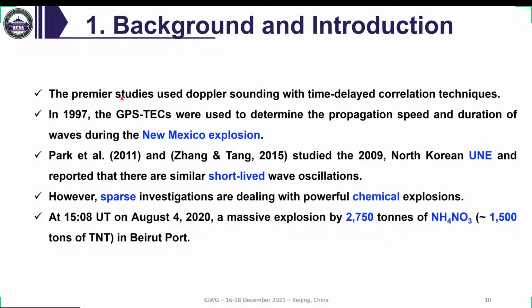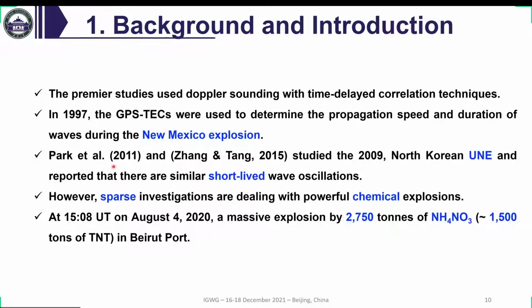In the beginning, they used Doppler sounding to study the ionospheric response to these events. In 1997, TEC values derived from GPS data were used to study the New Mexico explosion.